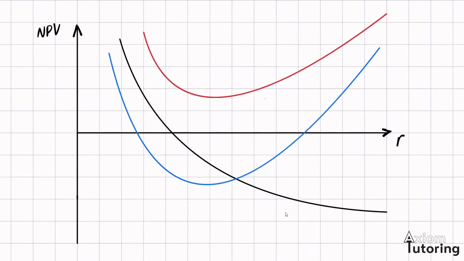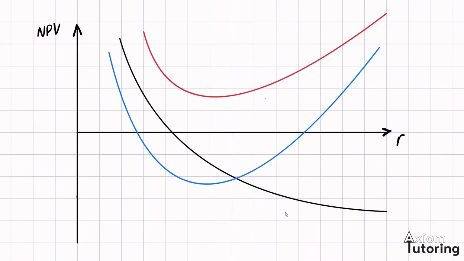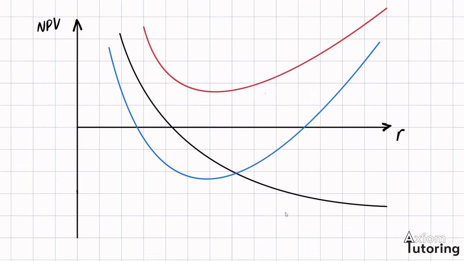So you can provide yourself with a benchmark. So whenever the real discount rate is higher than the IRR, we're not going to invest in that. And whenever the real discount rate is lower than the IRR, we can invest in this project, because the discount rate being lower than the IRR means this project is going to give us a positive NPV.